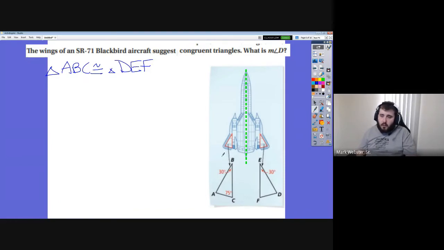So once again, what we need to be able to do is figure out angle D over here. But in order to figure out angle D, I don't have enough information over here, so I need to know some other stuff, right? If I want angle D, I better be able to get that from angle A, right? Because angle D and angle A are congruent.